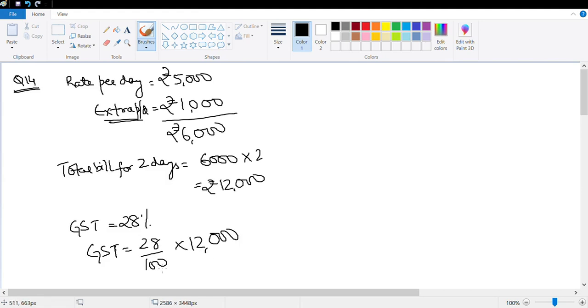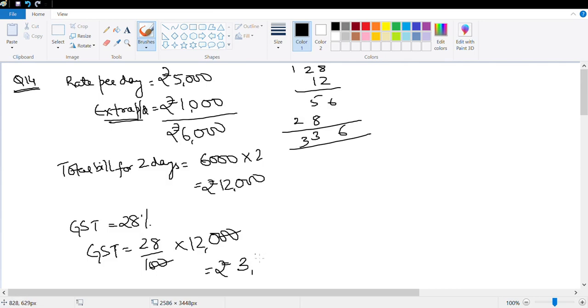Perfect. Yes, so that's 12 into 28. Am I correct? Let's see, 8 6 is 48, 8 2s are 16, 56, 8, 2, 6, 3, 336. So this is rupees 3360.